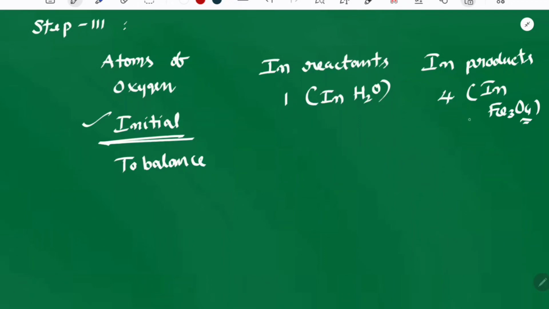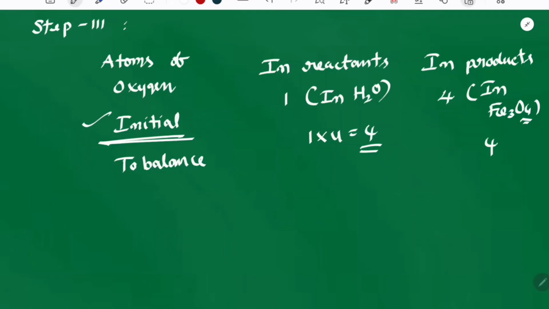Here only 1 atom is there, and here 4 atoms. So how do we get 4 on this side also? 1 into 4: this 1 is multiplied by 4, and finally we get 4.